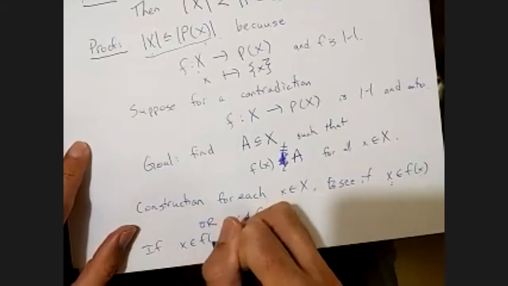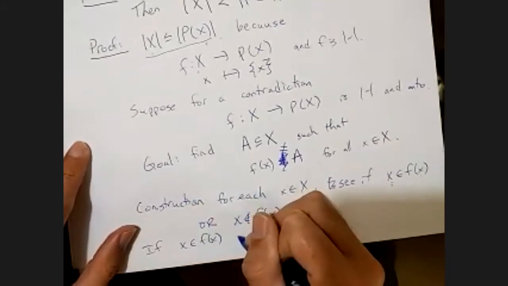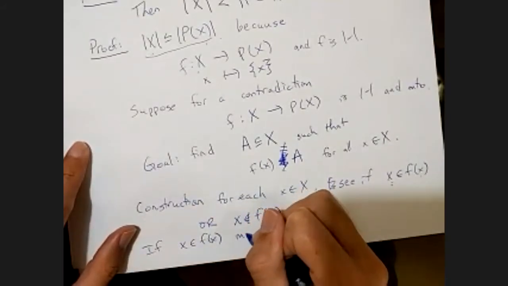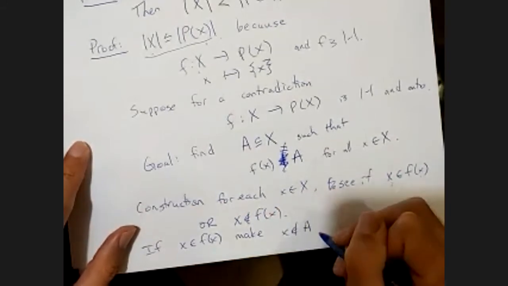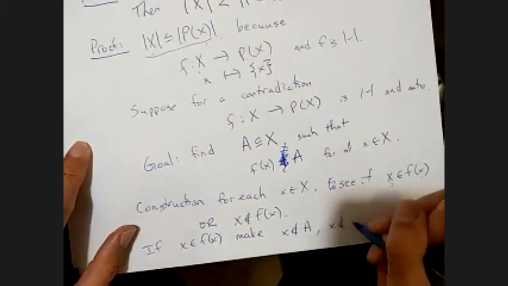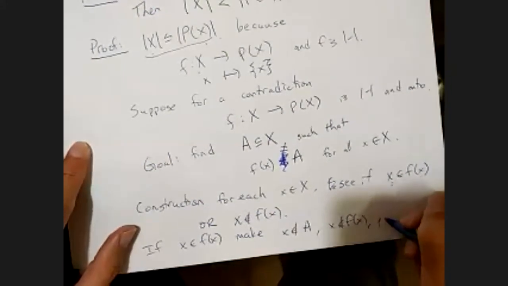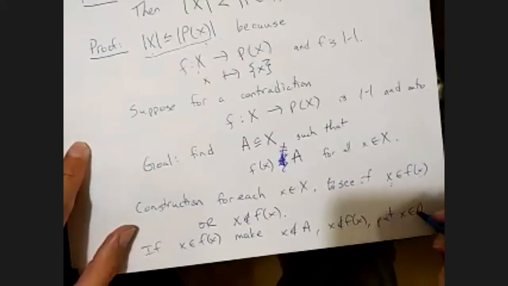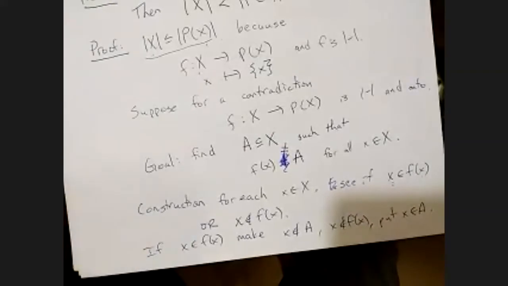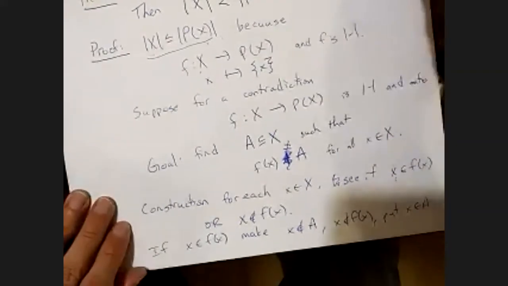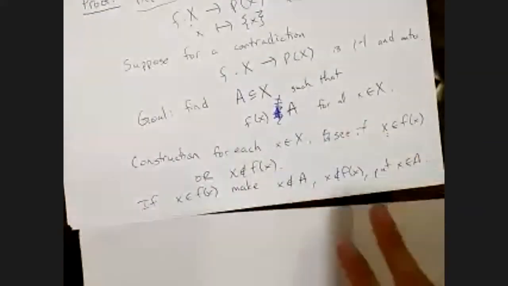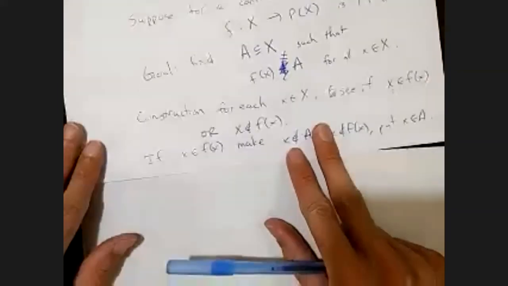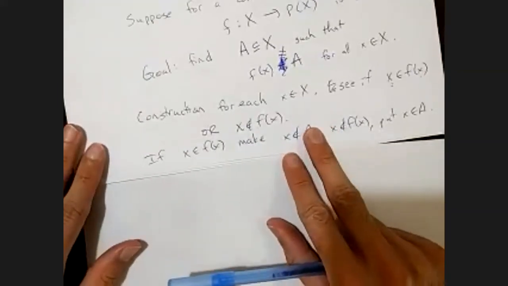If x is in f of x, make x not be in A. And if x is not in f of x, put x in A. Okay, and we can do that. I guess we should do it more rigorously.